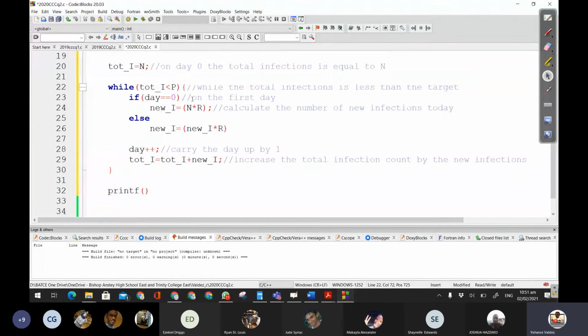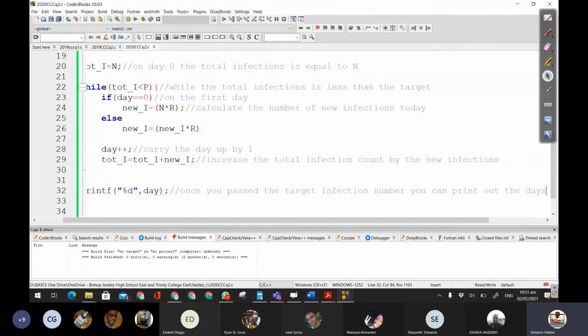And only after, once you've passed the target infection number, you can print out the days.